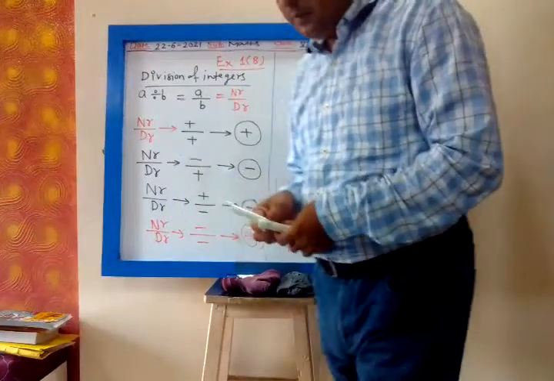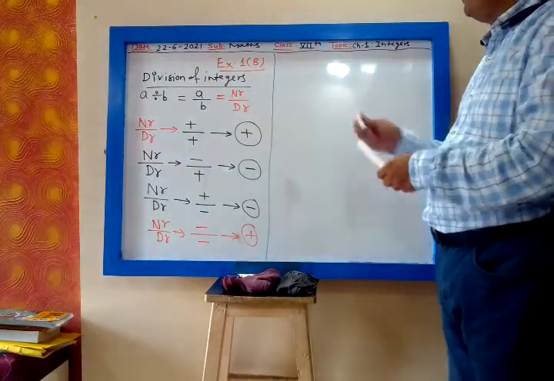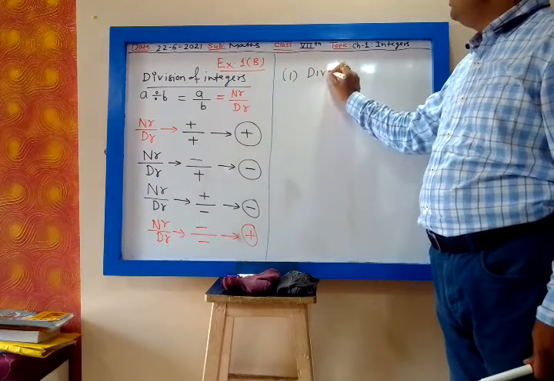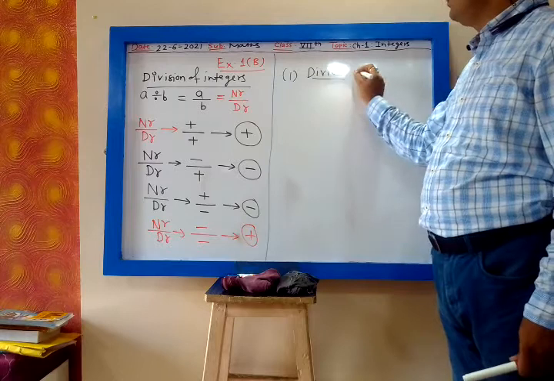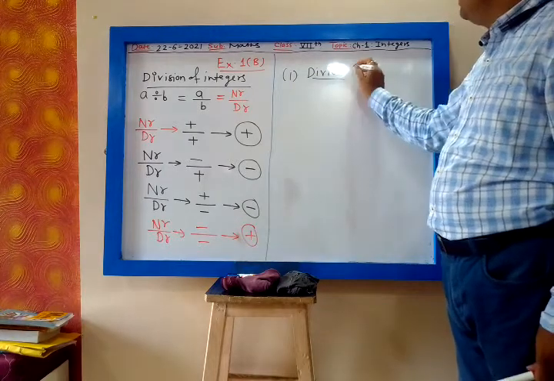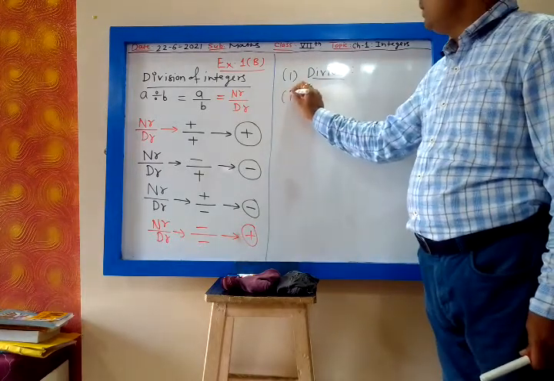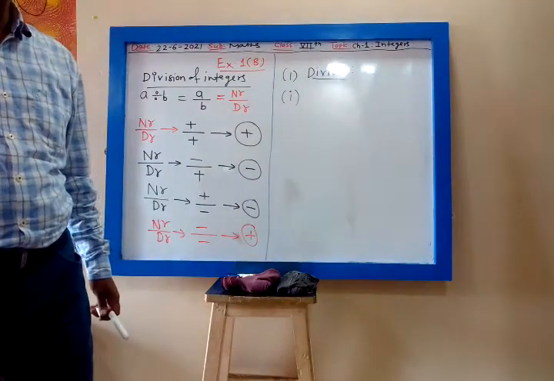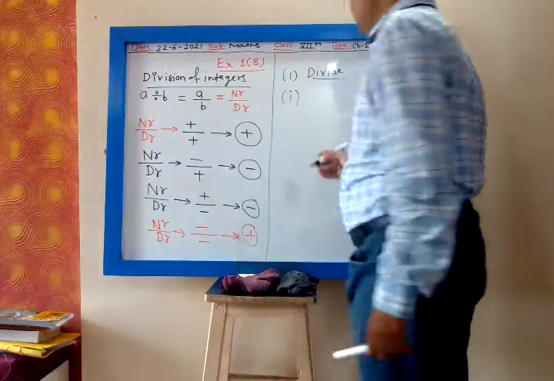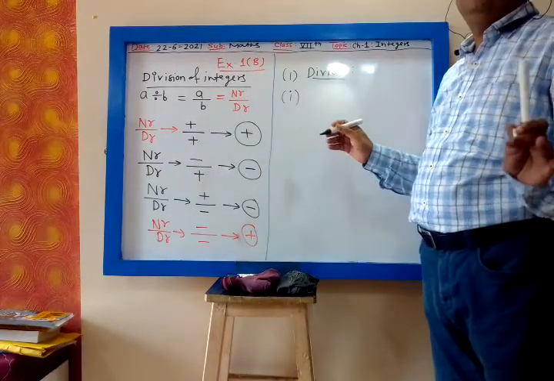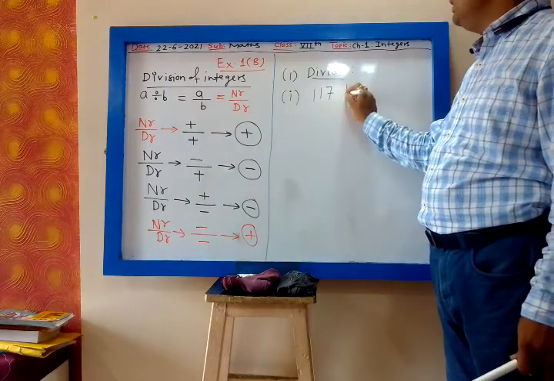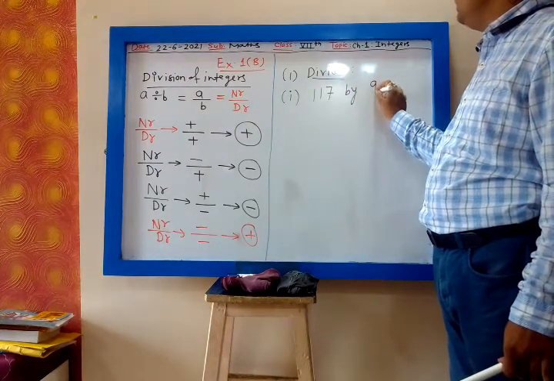Now let us solve the problem based on this. First question: divide 117 by 9.